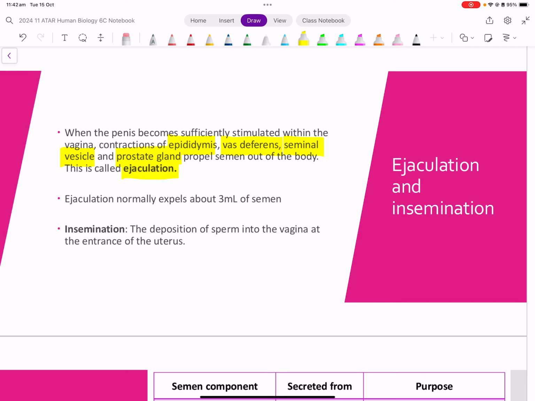That process is known as ejaculation. In ejaculation, normally about 3 mL of semen is deposited. Now, that deposition of sperm into the vagina is actually known as insemination. So ejaculation is where semen is propelled out of the body. Insemination is where sperm are deposited into the vagina.